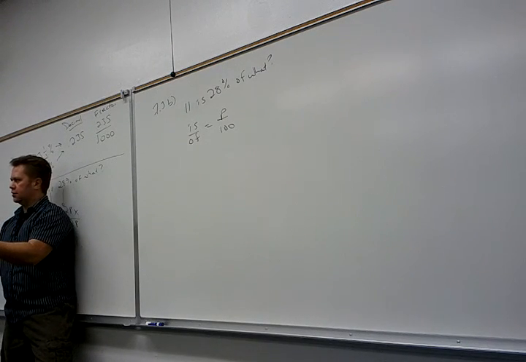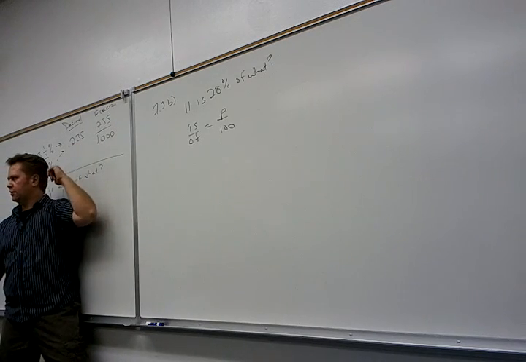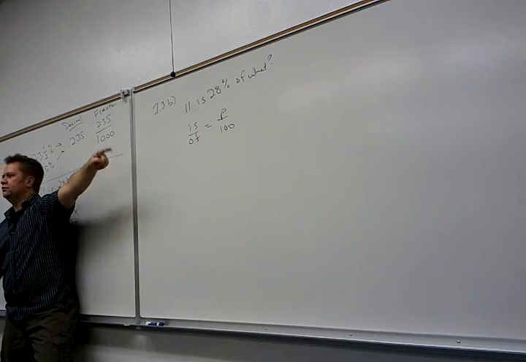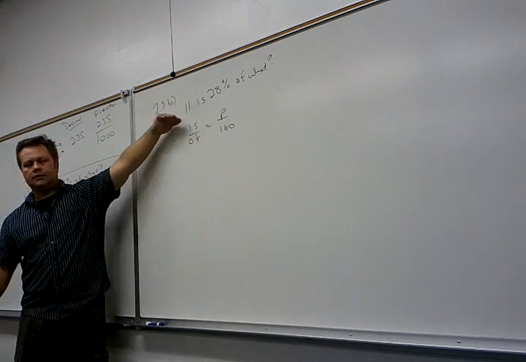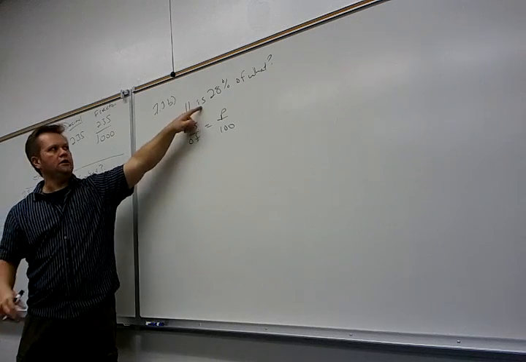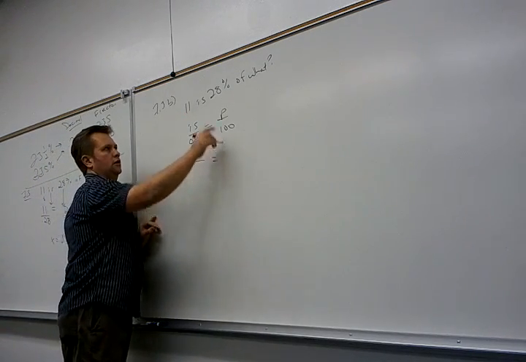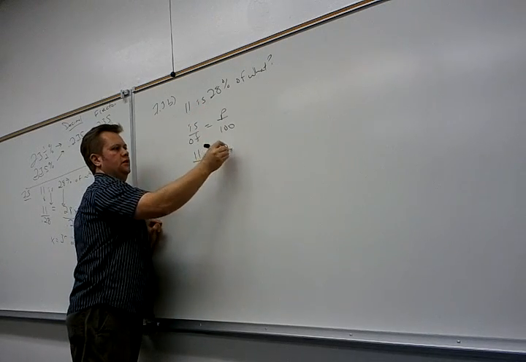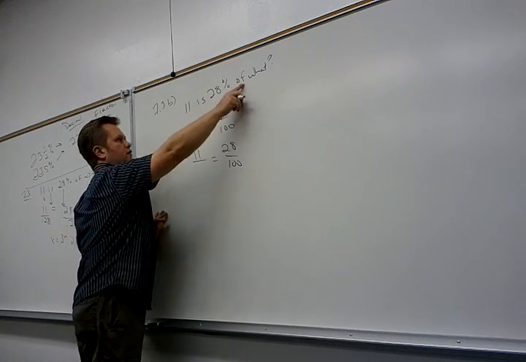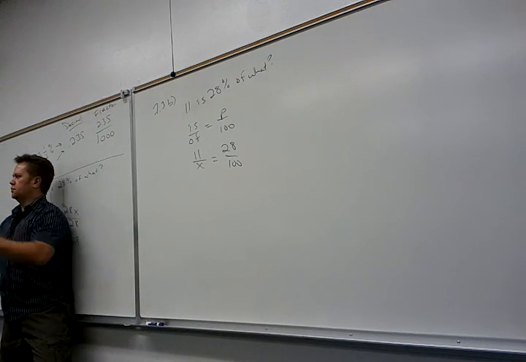So you can read through that section's examples if you like this way better. So if I did do it this way, what's the is number? Careful. Oh, sorry, 11. 11 is the is number. The 28 is the percentage, and the of number, of course, I don't know. And then you can just cross multiply.